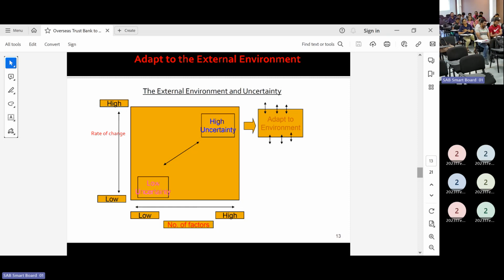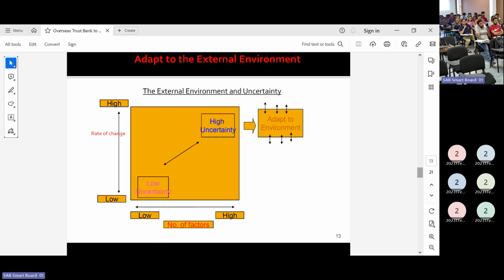Then in this analysis, if the company identifies low uncertainty, it can introduce changes on a low scale, at low speed. If it has identified high uncertainty levels, like high complexity, then we have to bring it to the industry level.